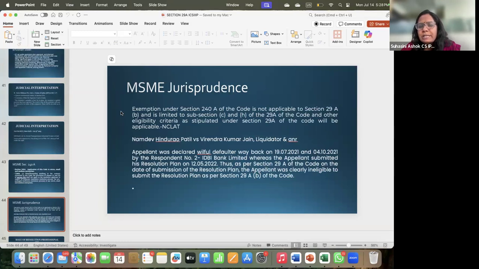So as per Section 29A, on the date of submission of the resolution plan, the appellant was clearly ineligible to submit the resolution plan as per 29A-B. If you see 29A-B, it is willful defaulter. So just a declaration as willful defaulter is sufficient as per the RBI guidelines.